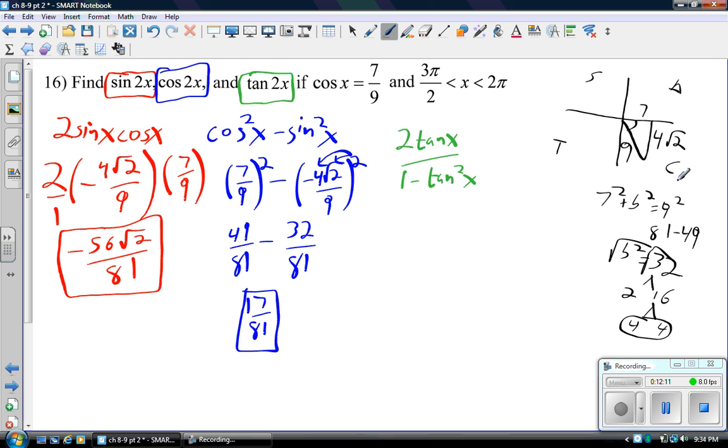It will be negative because only cosine is positive here, so this will be 2 times negative 4 root 2 over 7. That's the tangent of x, opposite over adjacent. All over 1 minus, in parentheses, negative 4 root 2 over 7 squared.